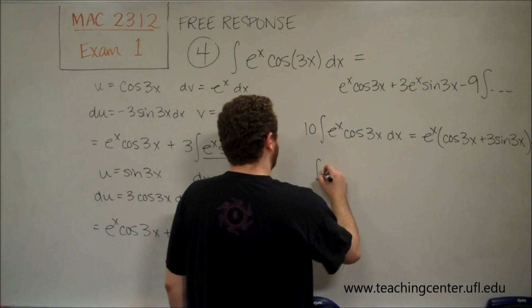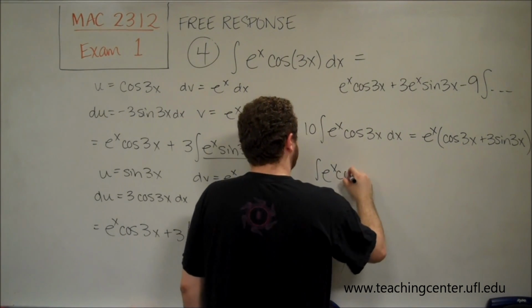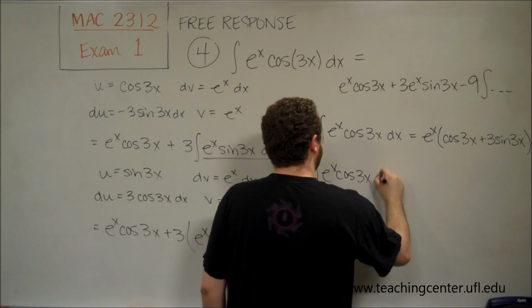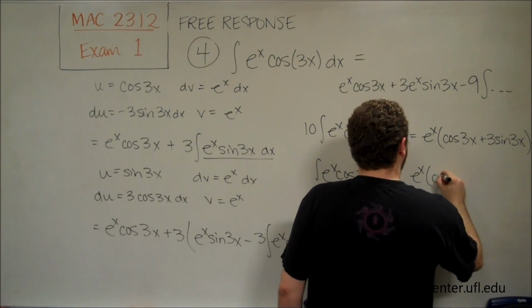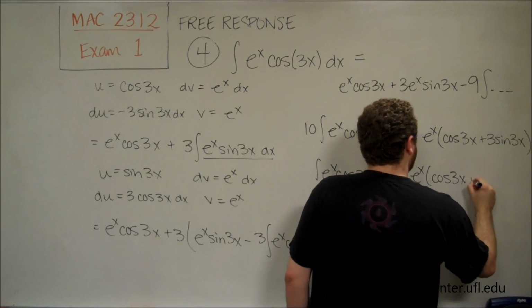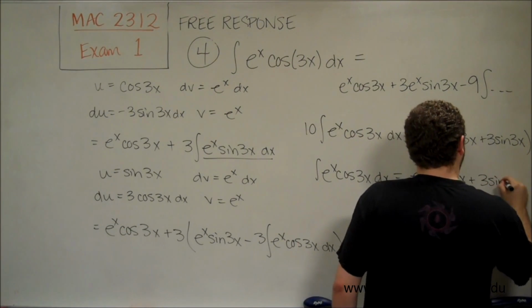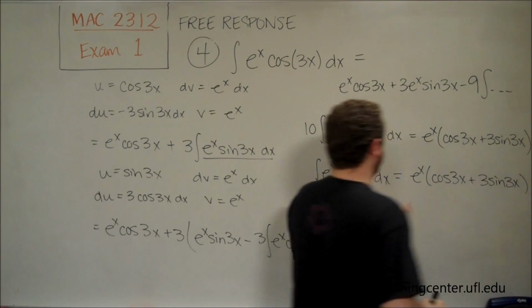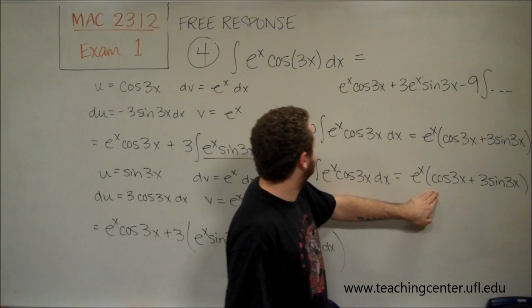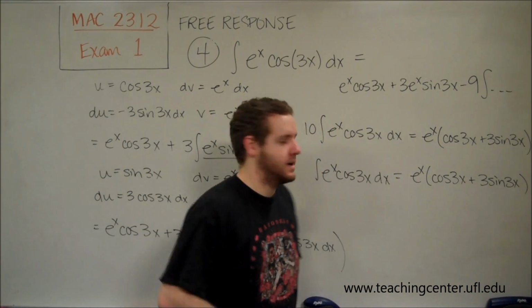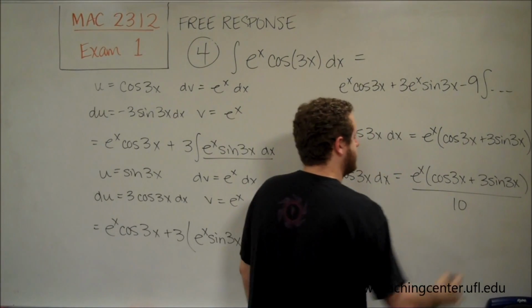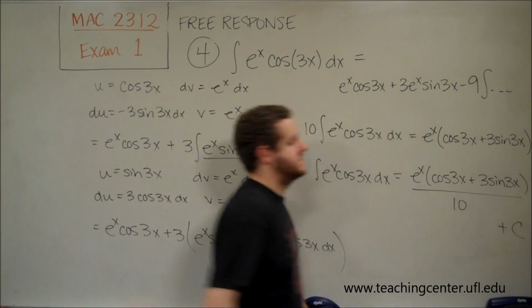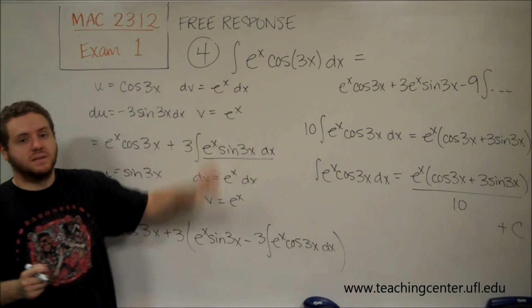So therefore, the integral of e to the x cosine 3x, which is what we were looking for, is equal to what we just had over here, e to the x times cosine 3x plus 3 sine 3x, all over 10 plus c, because again we have an indefinite integral.